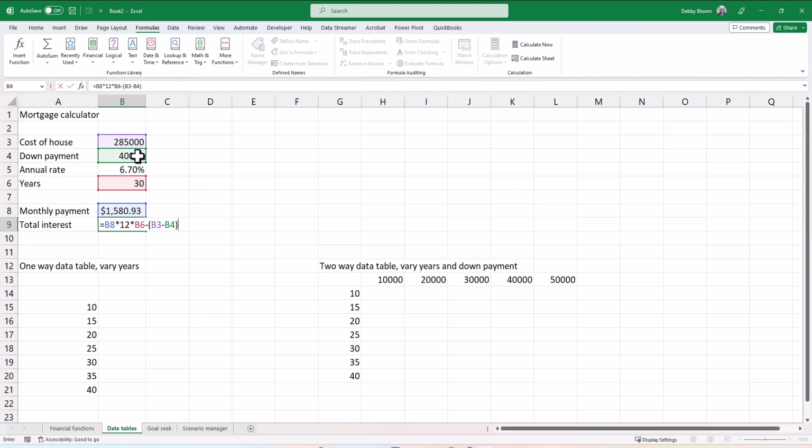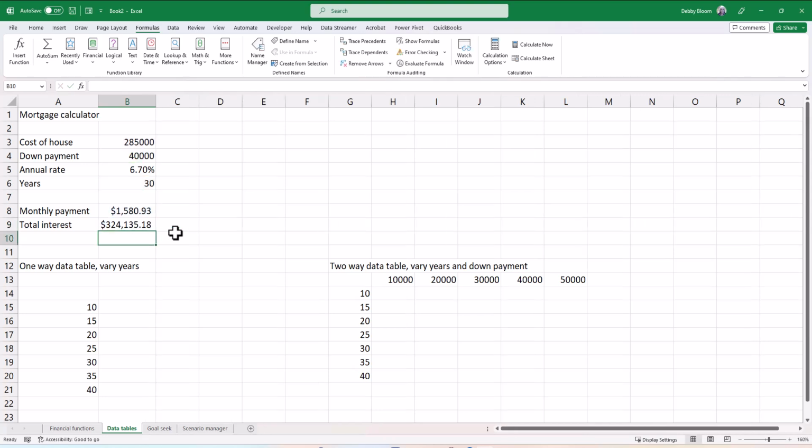So the total interest, again, is what I'm paying back minus what I borrowed. So we see here that we're going to pay, in fact, more than the cost of the house over the 30 years. You will pay a total of $324,000 in interest.